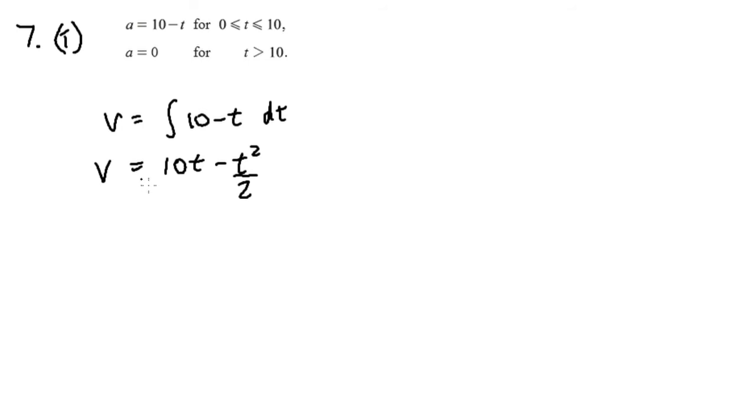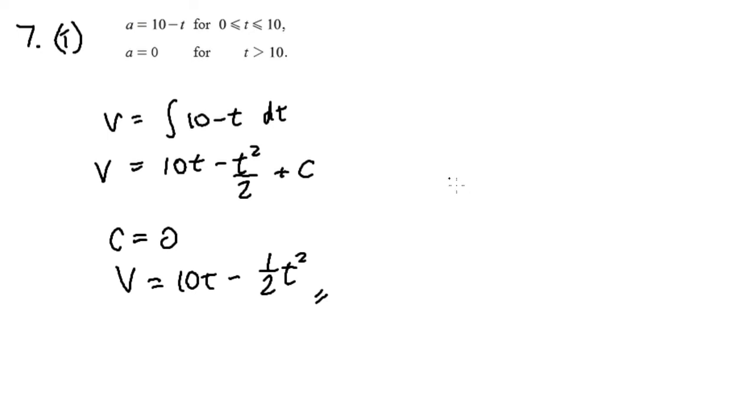And there's a constant c as well. At time t equals 0, the whole expression is 0 because velocity is 0, and therefore we know that c is also 0. And therefore v is 10t take a half t squared, or t squared over 2.